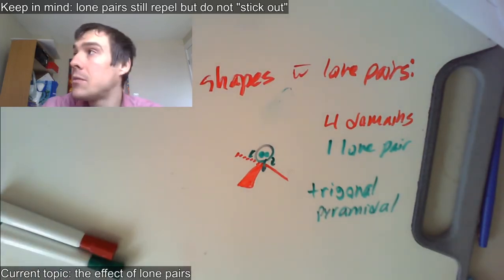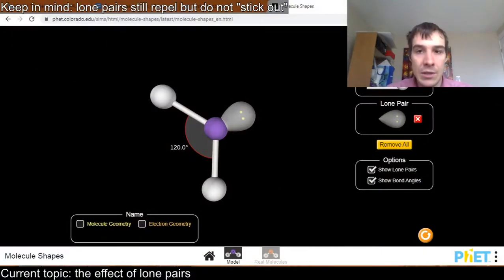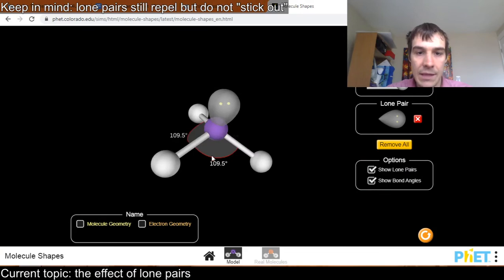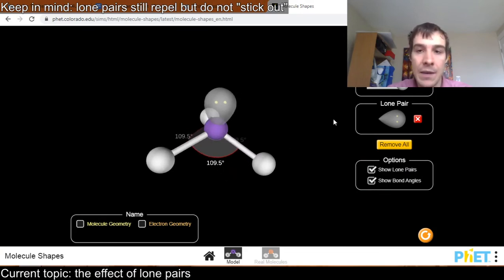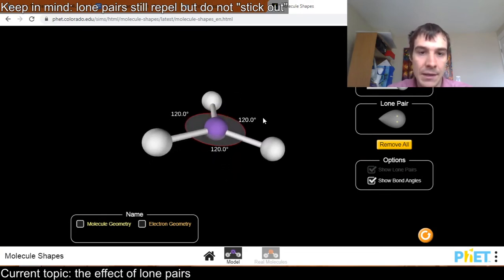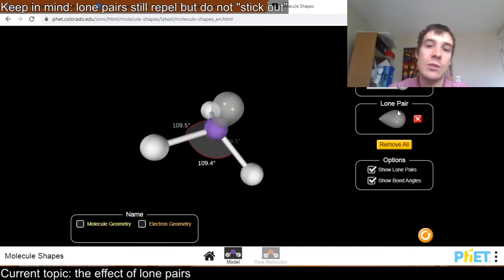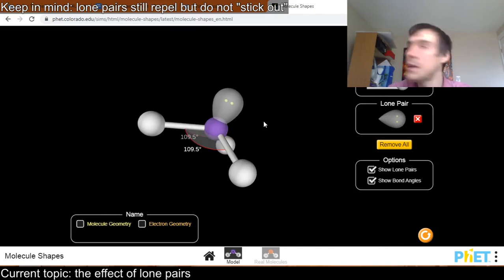So if we go to our simulation, we add another bond, that's what it looks like. And we still have that 109.5 degree angle. One way to think about it, like I said, is it's a trigonal planar, but when we add the lone pair, it suddenly pushes things down. So ammonia is a good example of a molecule that's trigonal pyramidal.